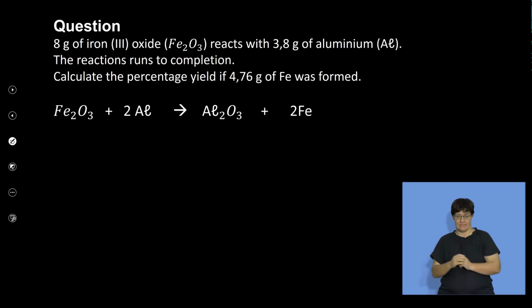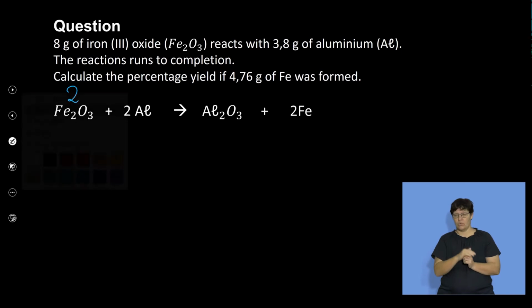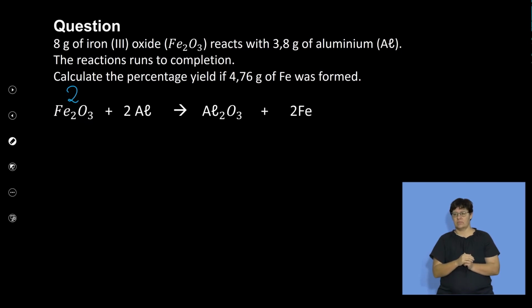So what is important here is to understand the stoichiometric ratio in which these substances react from the balanced equation. Just to correct that, it's actually 1 is to 2 is to 1 is to 2.